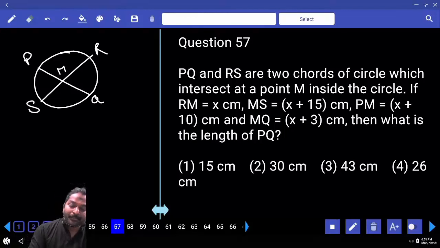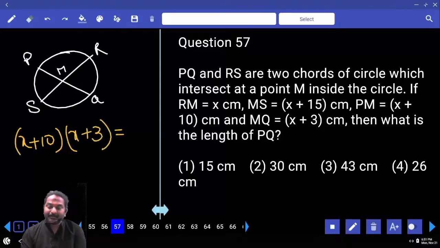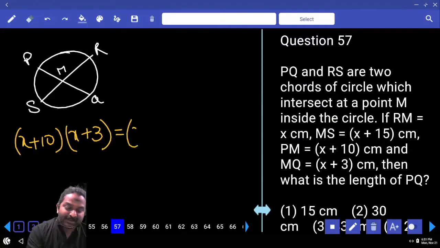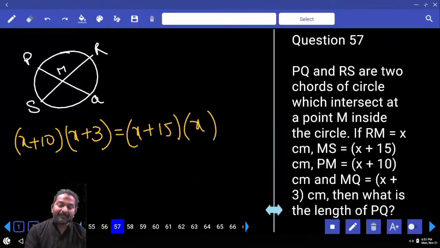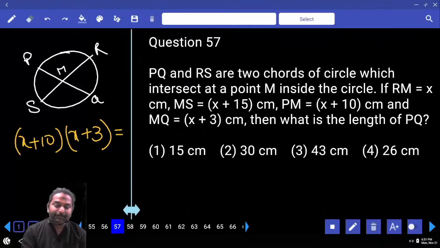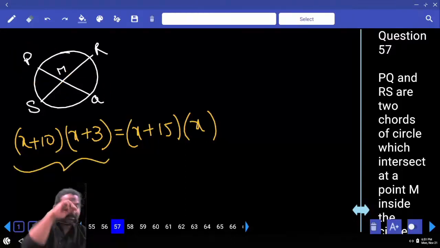PM, X plus 10, into MQ, X plus 3, must be equal to, come on, X plus 15 into X. Now finally after this we were asked to calculate PQ, right? PQ in the sense PM plus MQ. That means this one only.